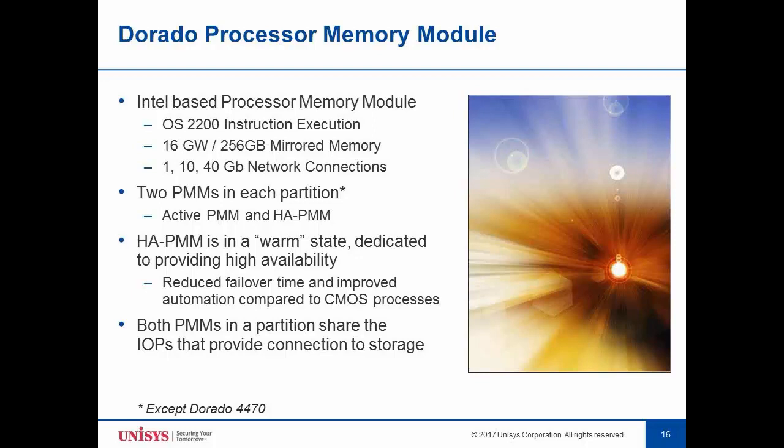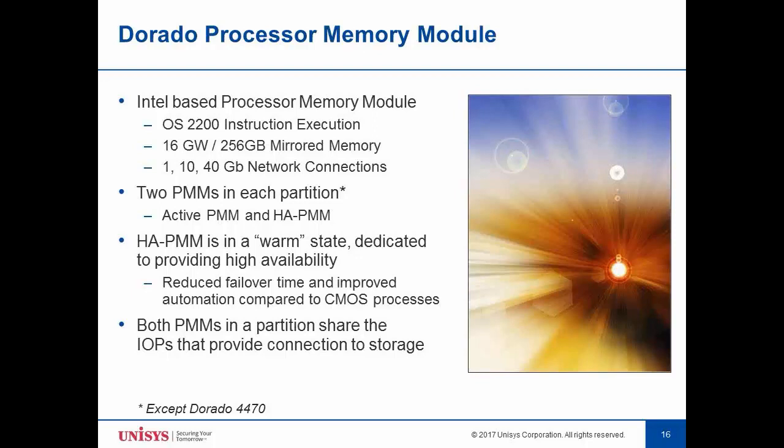It's part of an overall HA design where we try to eliminate, in most models, any sort of single point of failure and provide full redundancy. The HA PMM resides in a warm state, and failover is under control of your operations staff, and it's comparable to the reserve IP that we've had with the prior designs.